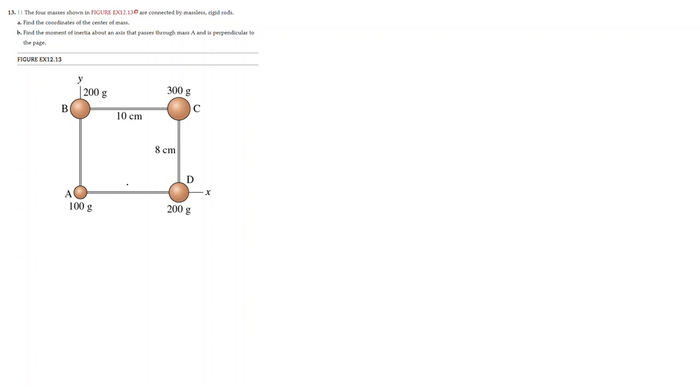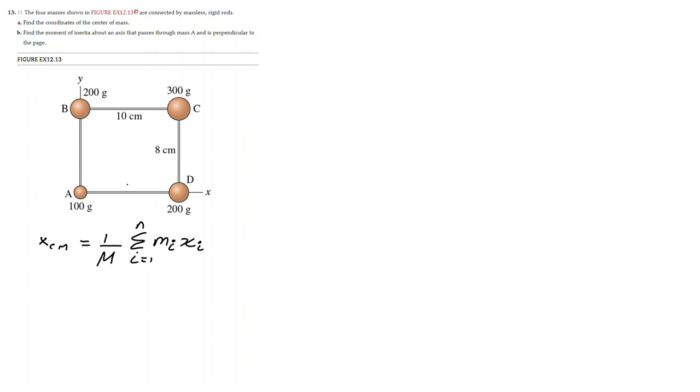Right? So let us start with the first part. We know that to calculate the x coordinate of the center of mass, it would be 1 over the total mass times the sum from i equals 1 to n of the product of m sub i times x sub i, right?